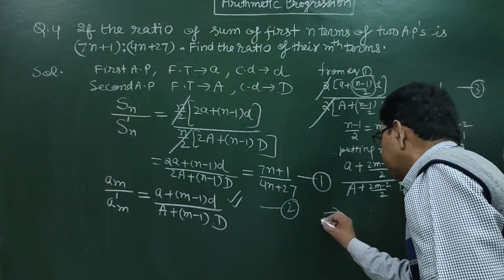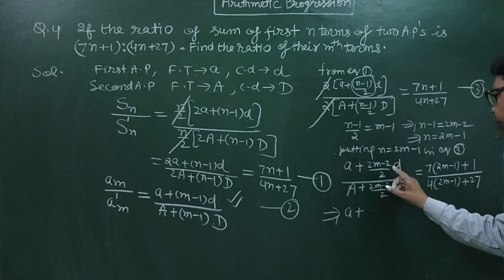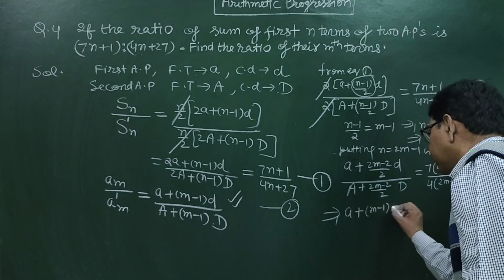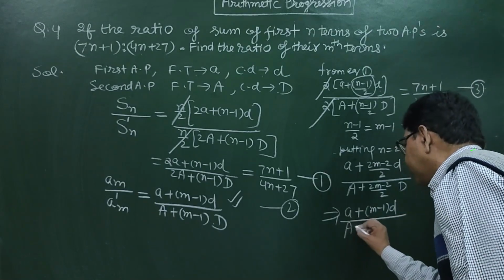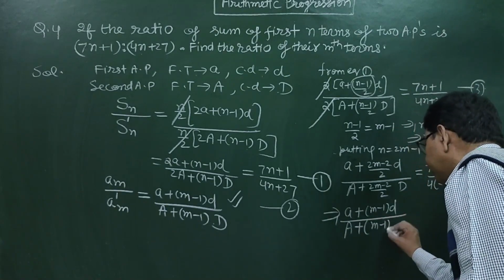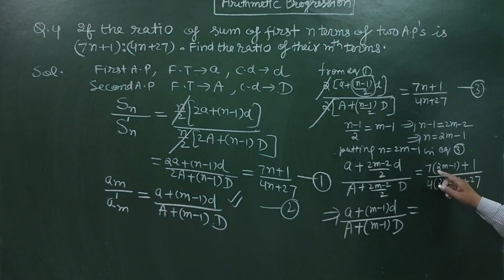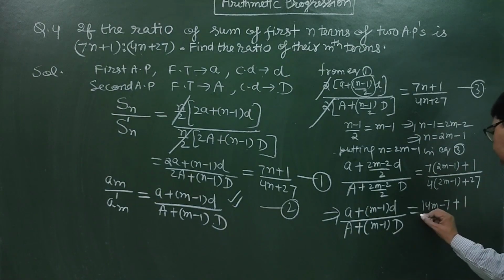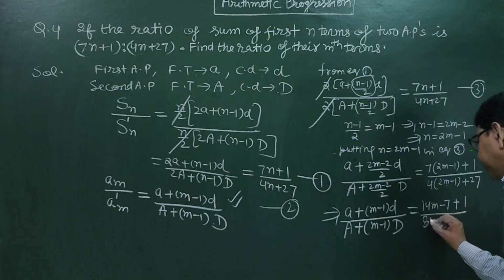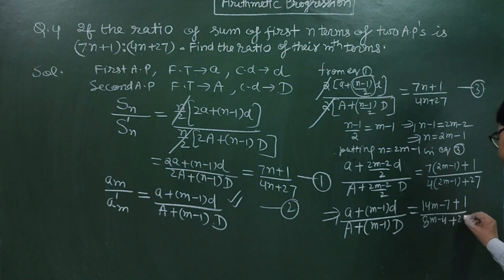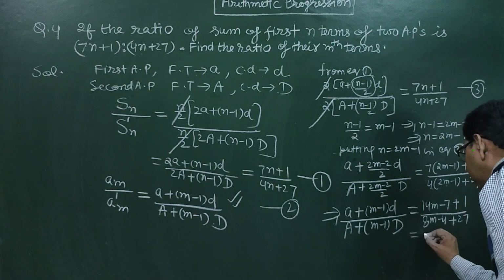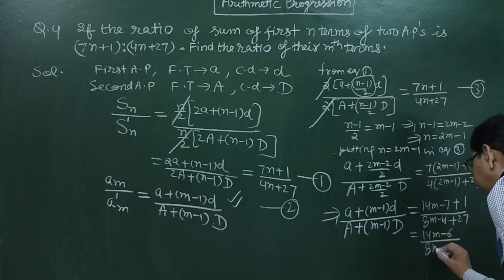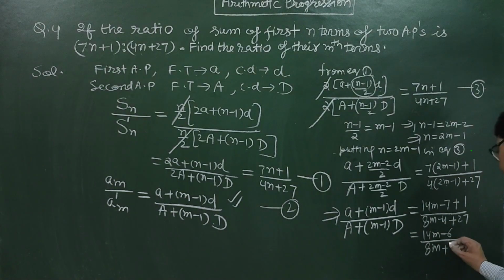This implies that, if I take 2 common here, then 2 gets cancelled, a plus (m minus 1) into d upon capital A plus (m minus 1) into capital D is equal to (14m minus 7 plus 1) upon (8m minus 4 plus 27), that is equal to (14m minus 6) upon (8m plus 23).